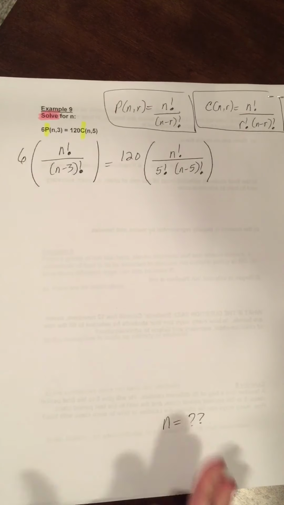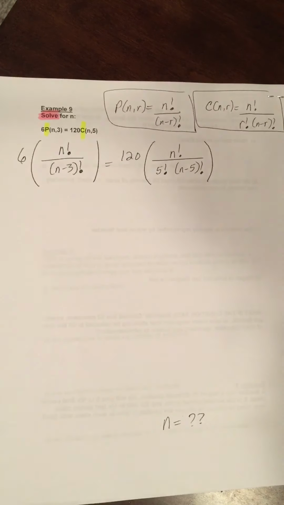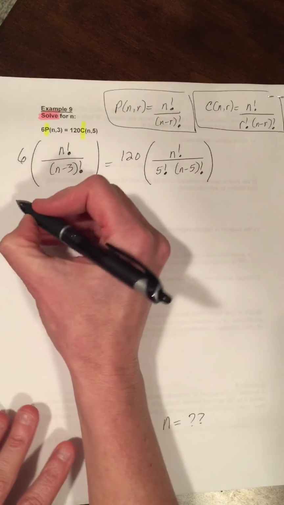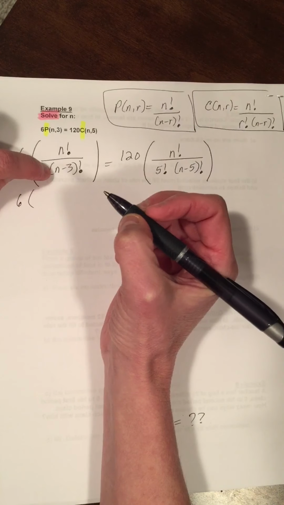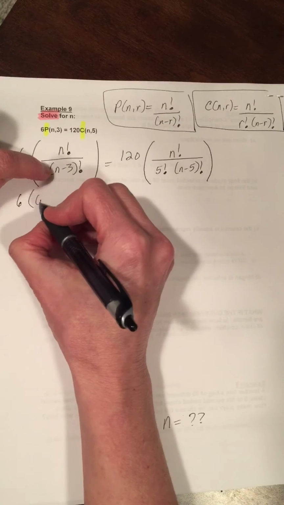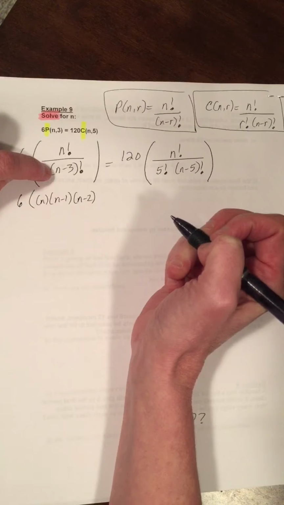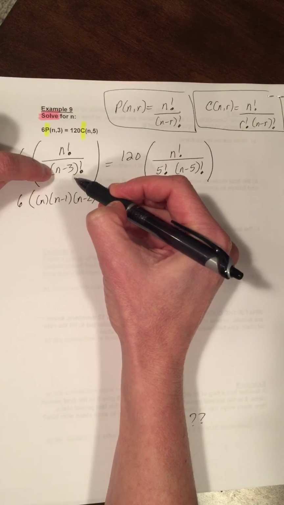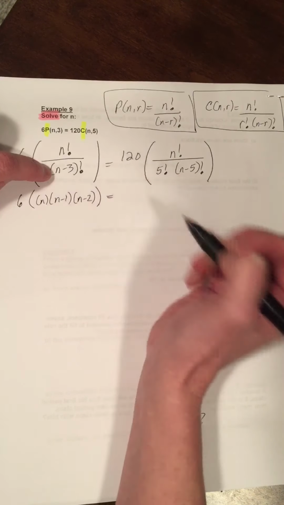So our first step is just me using the two formulas, perm formula, com formula. Now I'm going to expand and simplify my factorials. So on the left-hand side, n factorial over n minus 3 factorial we know is n minus 1, n minus 2, and then everything from n minus 3 on would be canceled.